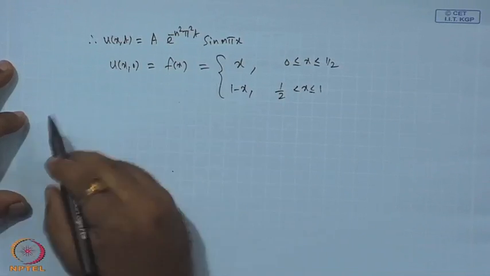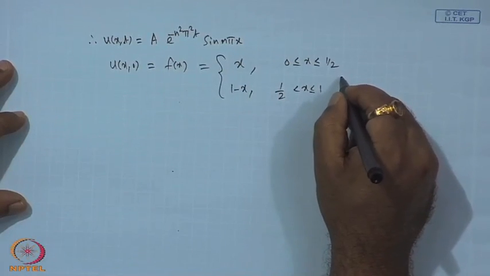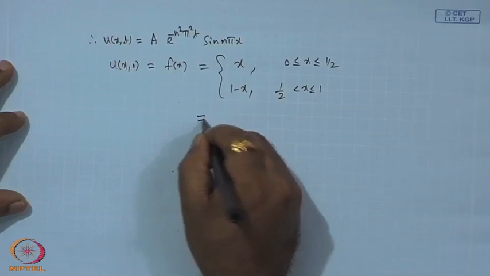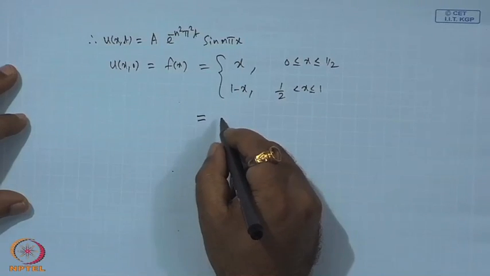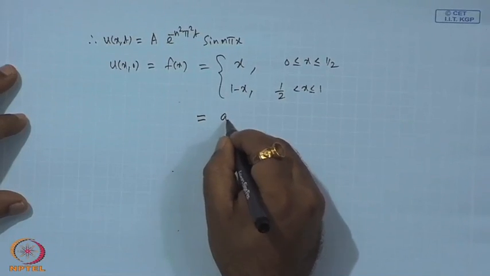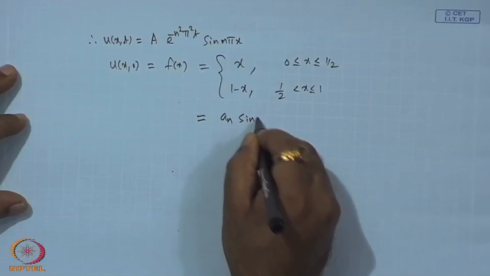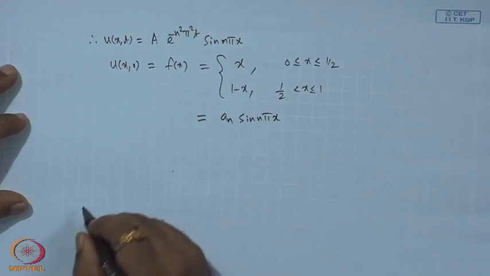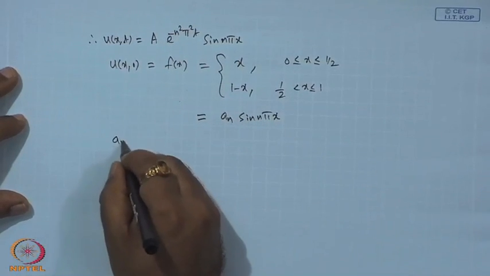Okay. So what we do is we depend on the Fourier series of f. So, let the Fourier series of f be this, where a n is given.